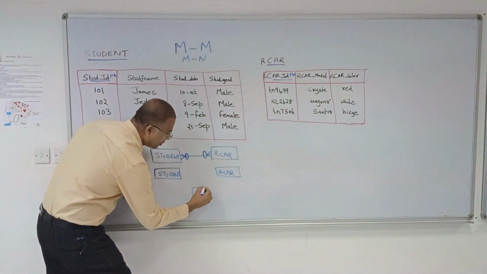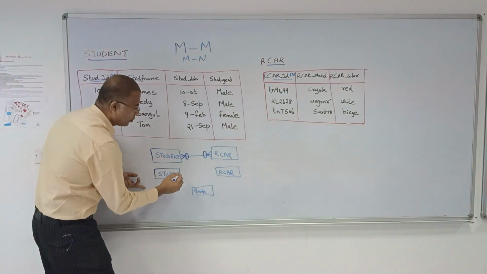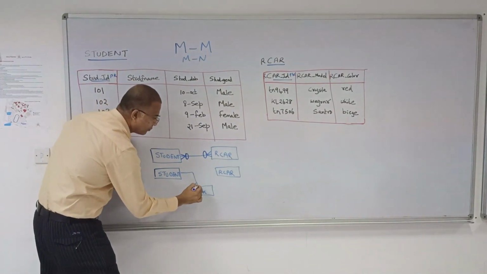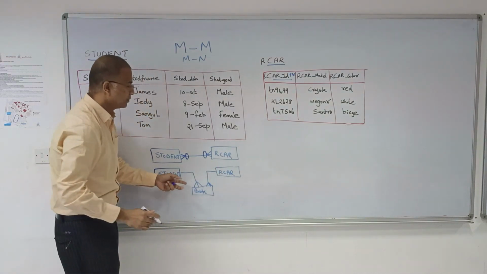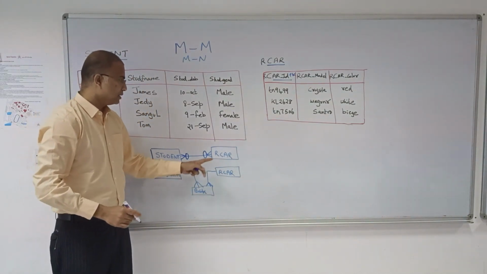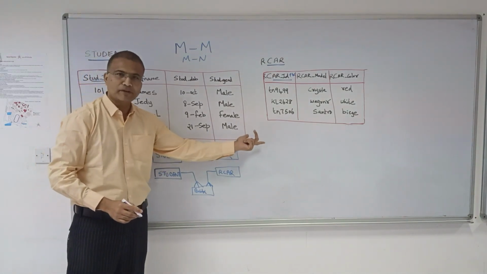And you have a bridge entity where you have the relationships transformed like this. So I will get into detail with an example by explaining this scenario.